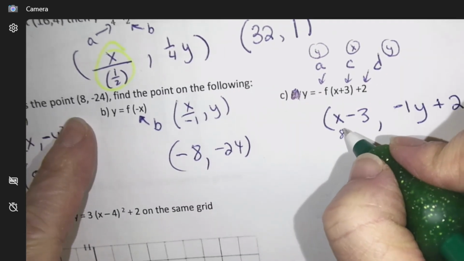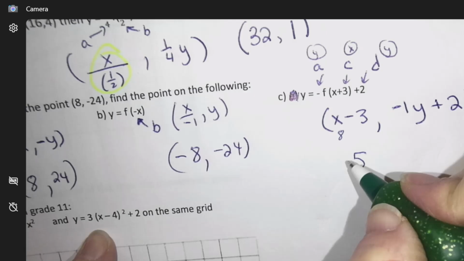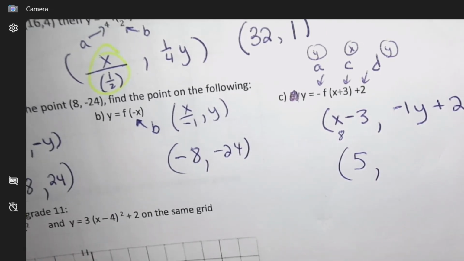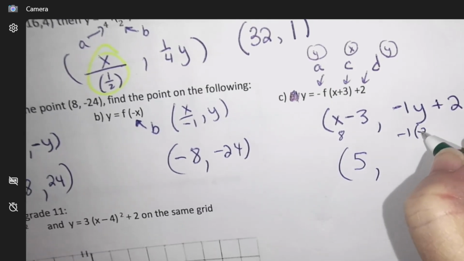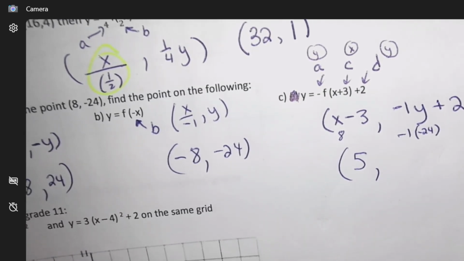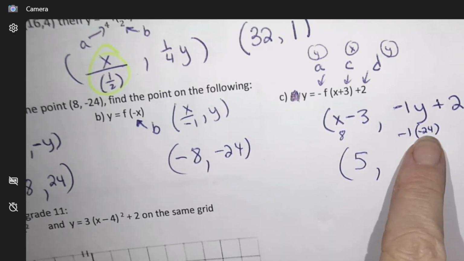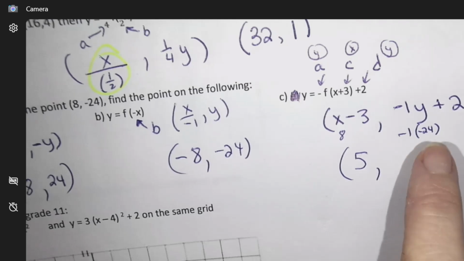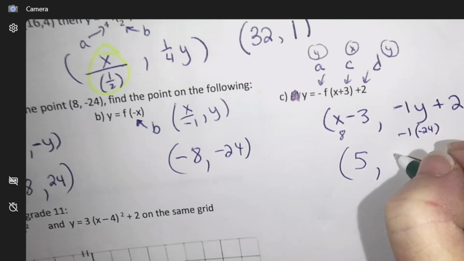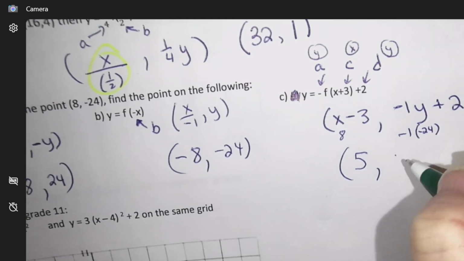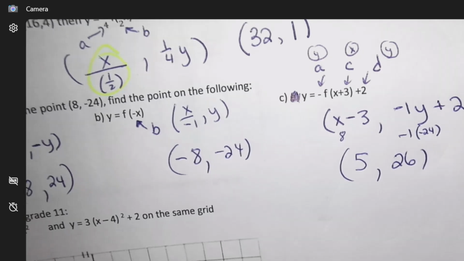So X was 8, so now it's 5. And we have a -24 for the Y. So what does this become? Positive 24, and then 2 more, so 26.